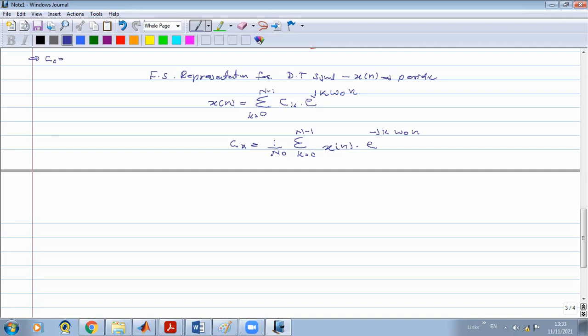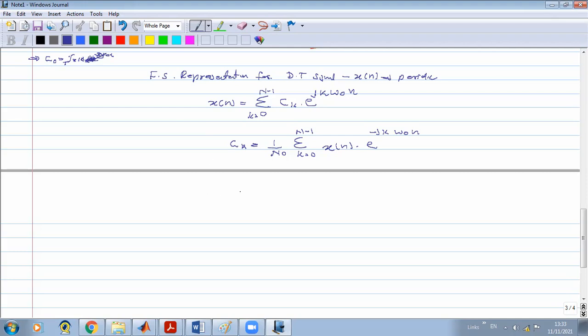You can remember that when we are evaluating the zeroth coefficient c naught in the case of a continuous time signal, we have to integrate only x(t), because e^(jk omega naught t) with k equal to 0 is e to the power 0, which is 1. So we can simply integrate within the period with respect to dt to find the zeroth coefficient.